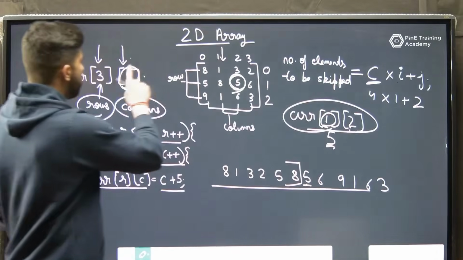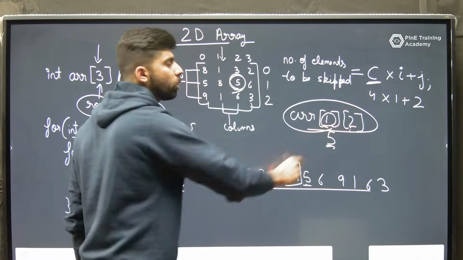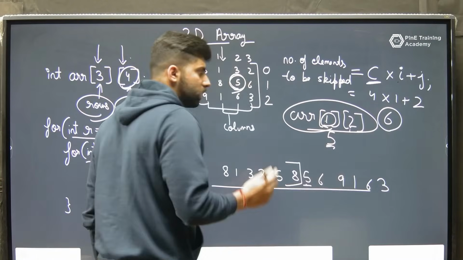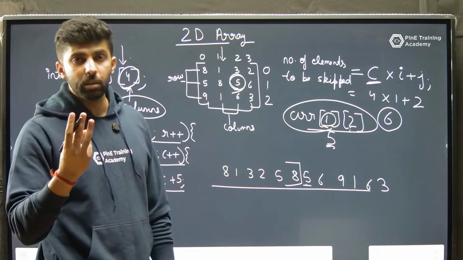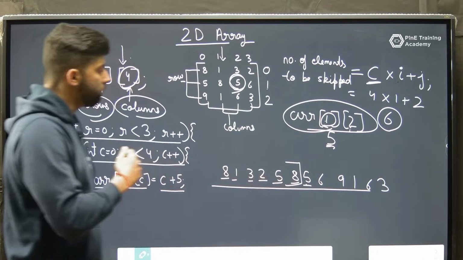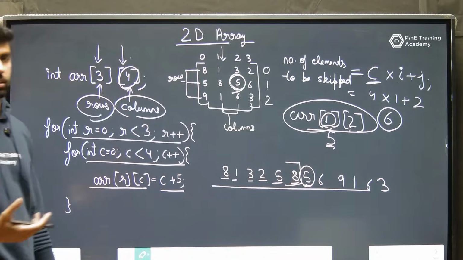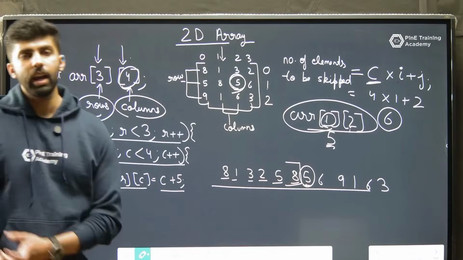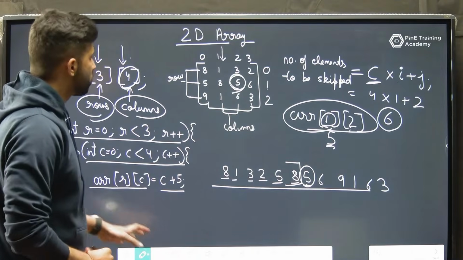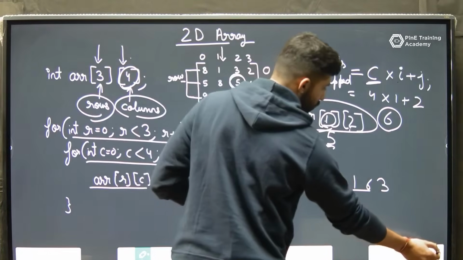So C is the total number of columns initially. I and J are the numbers which I have used to access any particular element. So this is 6. So this will tell the compiler that you need to skip 6 numbers before you find your answer. So 1, 2, 3, 4, 5, 6. We will skip 6 numbers and then we will get our answer. This is how a 2D array calculates its correct index. Okay, so this is the basics of 2D arrays. Let's move to the next topic.